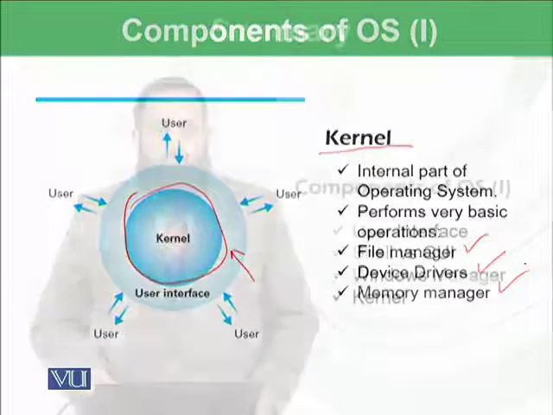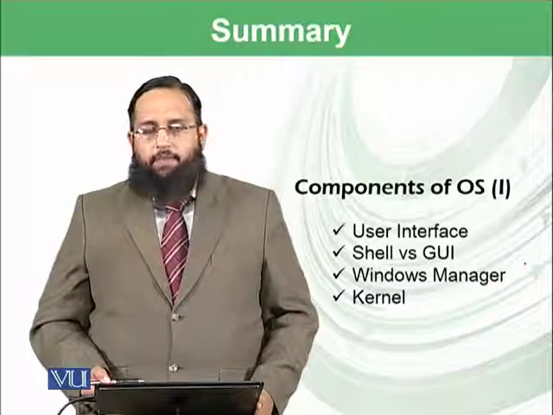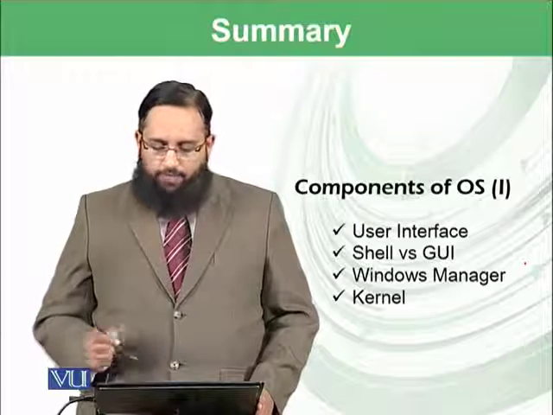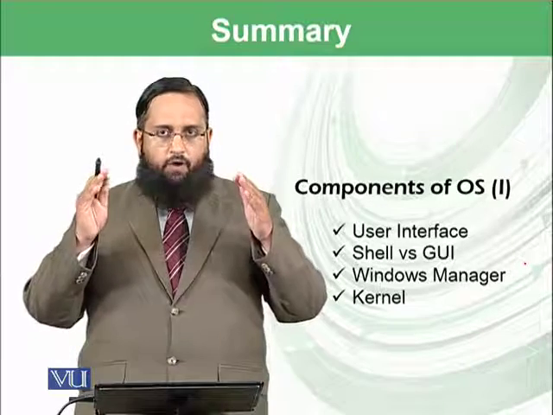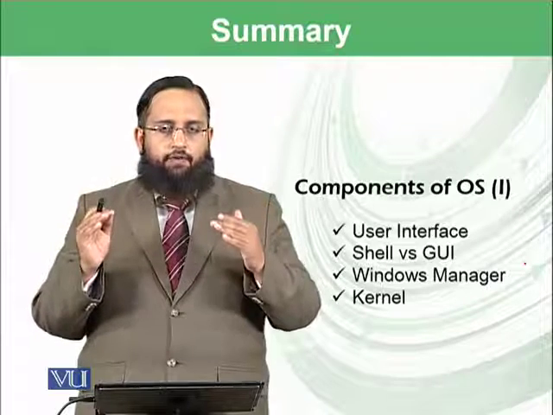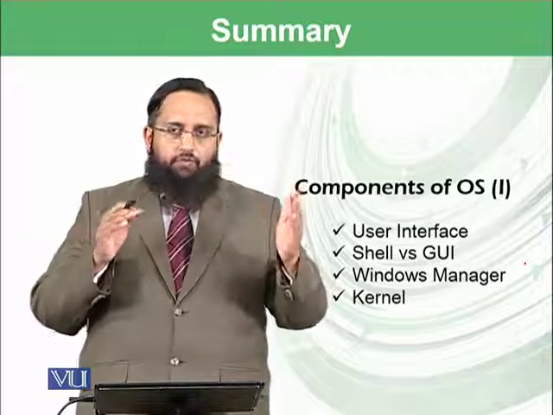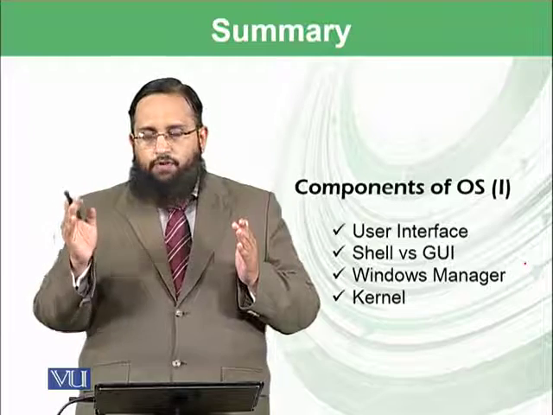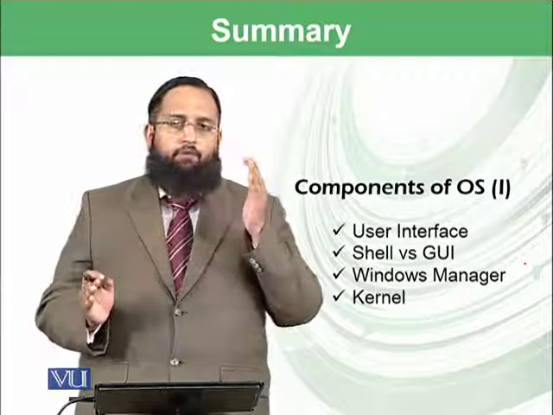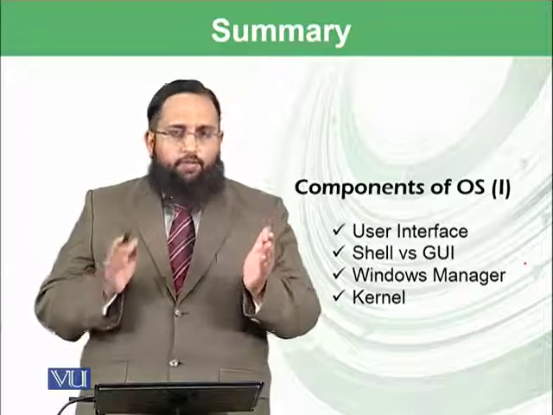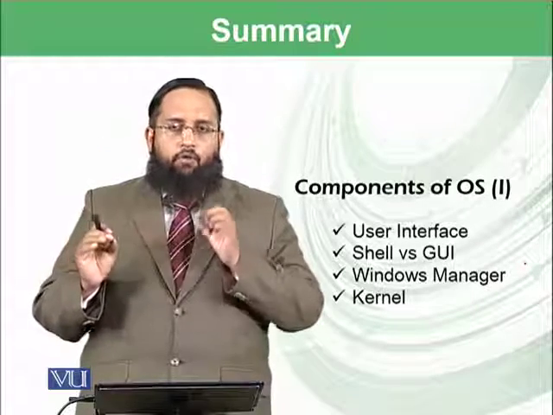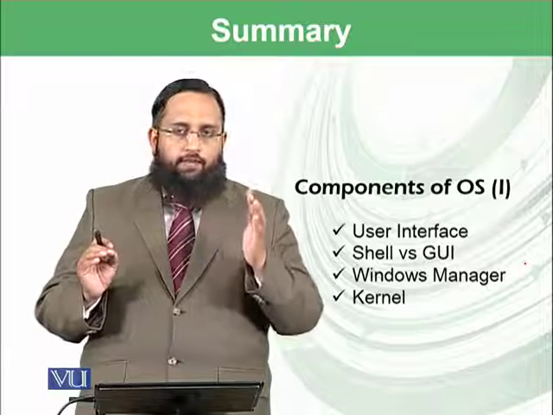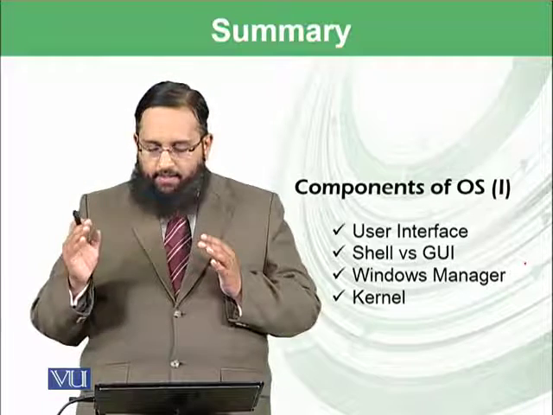So if we conclude today's topics, we have learned about different components of operating system. We started from the classification of software, where we have application softwares and system softwares, and within system software we went for utility softwares and then operating system, and within operating system we found two things: user interfaces and then the kernel.